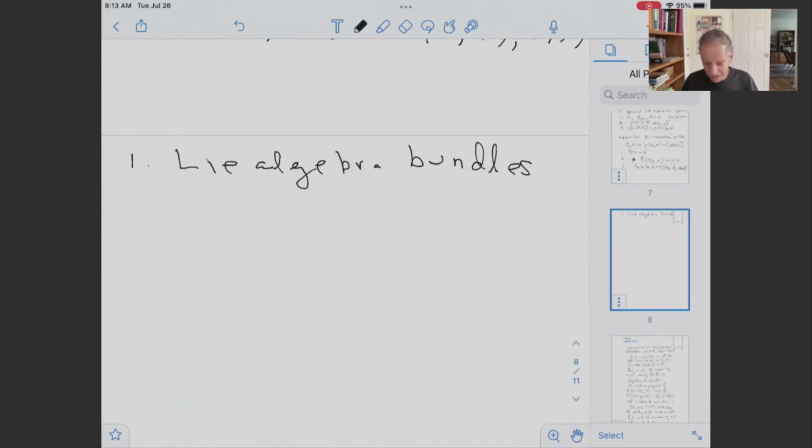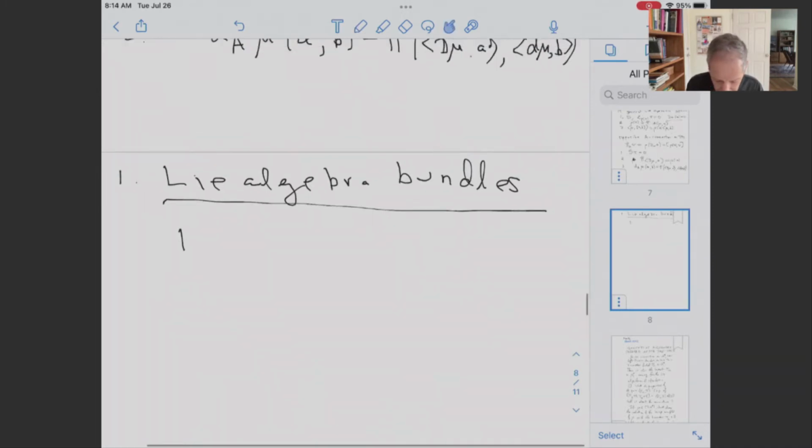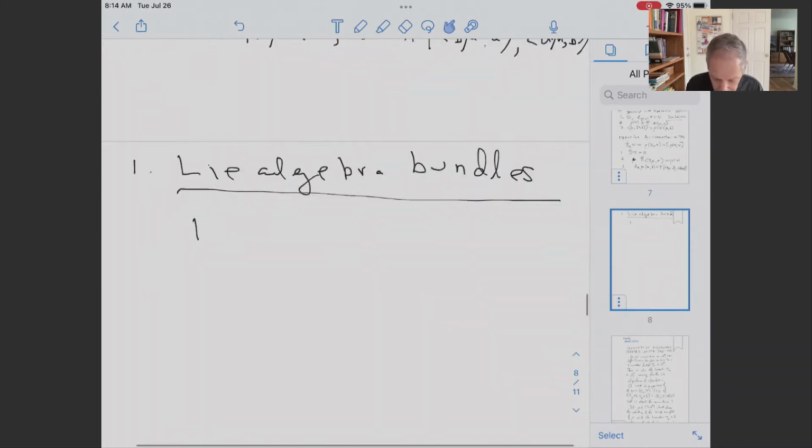Anyway, Lie algebra bundles, that's just a Lie algebroid where the anchor is 0. So the fibers are actually Lie algebras. And in that case, let's not number this because then it's confusing.